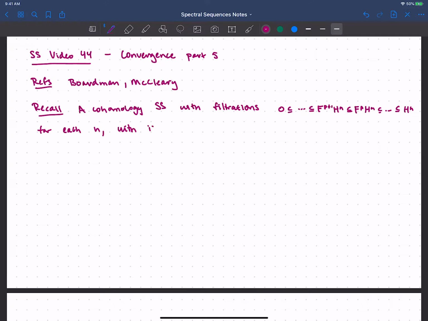And if we also have isomorphisms with our E infinity terms relating to the filtration quotients, then the spectral sequence, we said, converges strongly.